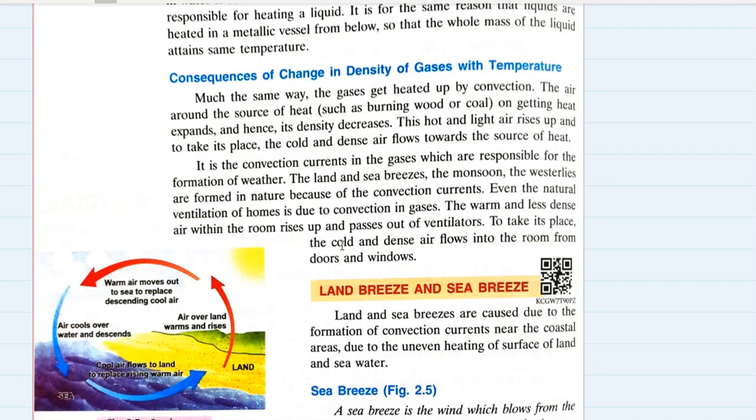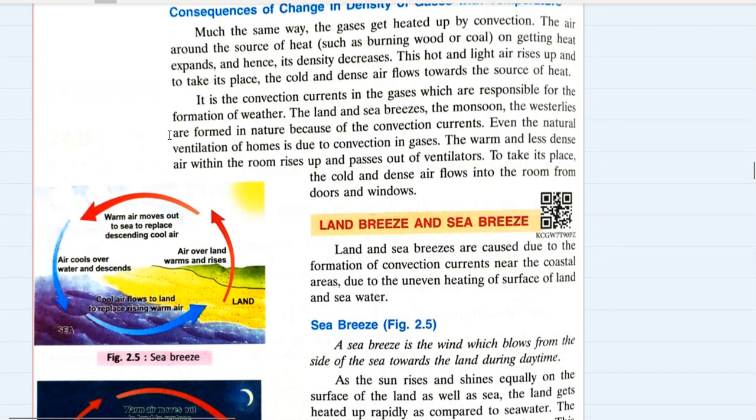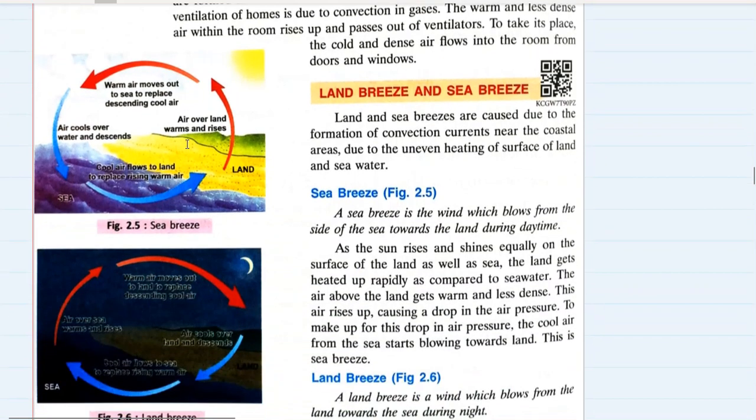These convection currents are responsible for the formation of weather: the land breeze, the sea breeze, monsoon, westerlies. These are all formed in nature because of convection currents. Warm air rising above, cold air taking its place. The same thing is happening in land breeze and sea breeze.